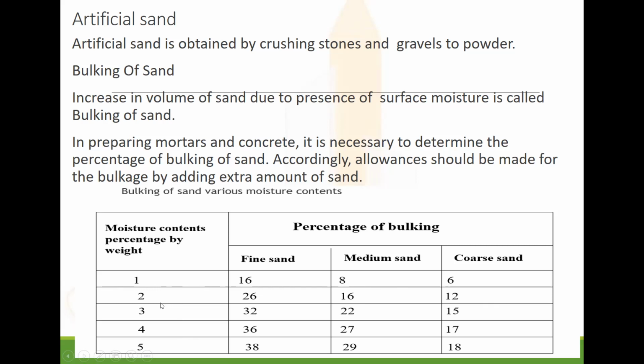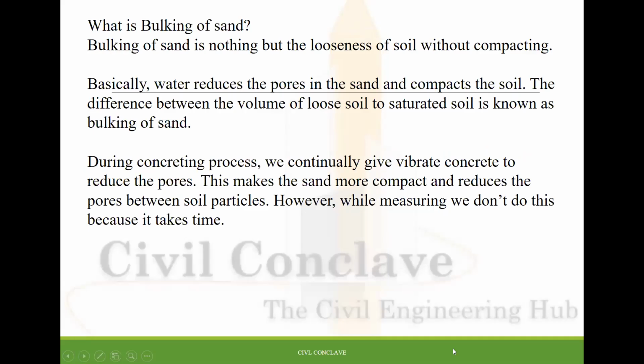If the moisture content is 2%, fine sand will have 26%, medium sand 16%, coarse sand 12%. If the moisture content by weight is 5%, fine sand will have 38%, medium sand 29%, and crushed sand 19%. What is the bulking of sand?